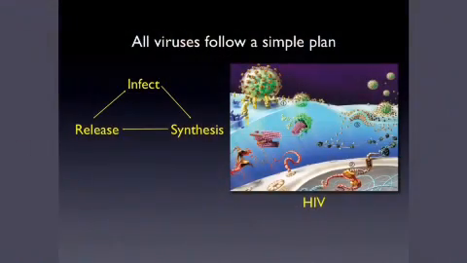Okay, so here's the simple plan that all viruses follow. They infect some host cell, synthesize new copies of themselves, and then release those copies to go off and find new host cells. And here's one example of this. This is the virus HIV. Here it is grabbing on to the unfortunate host, and then here it is infecting that host, making new copies of itself.